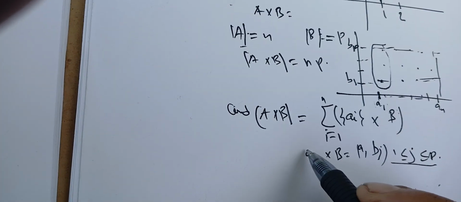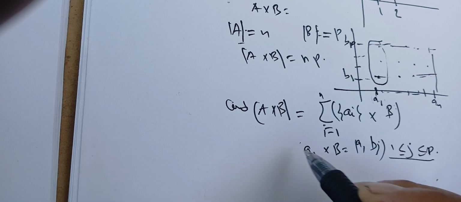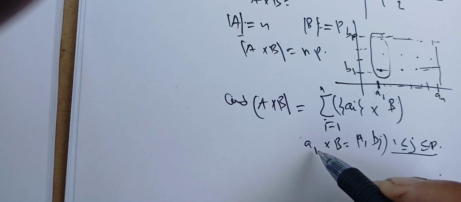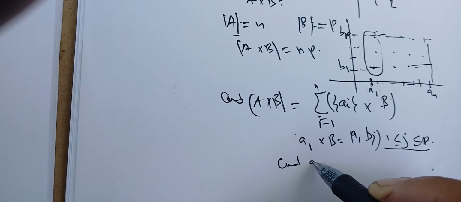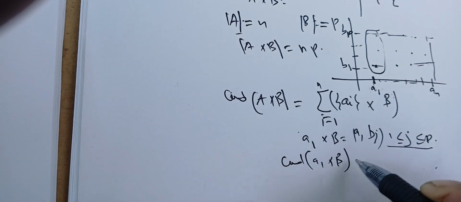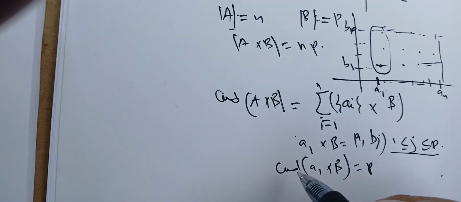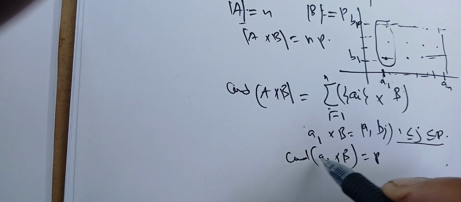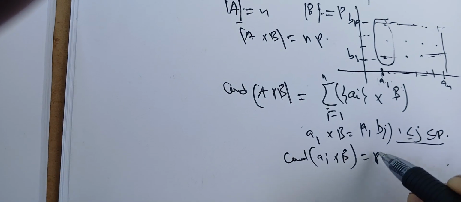The same thing holds for Ai cross B: its cardinality is just p.